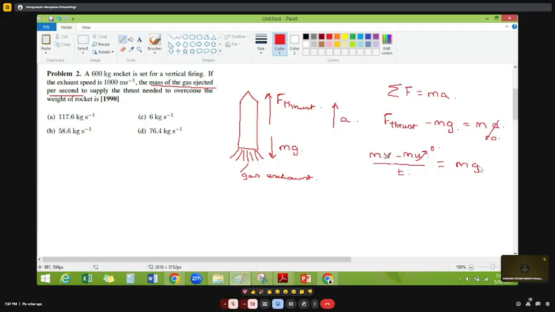That is mass per unit time, we can call this m dot, into V is equal to mg. m dot is what is asked. V is 1000 meters per second, mass of the rocket is 600, and gravity you can take as 10.